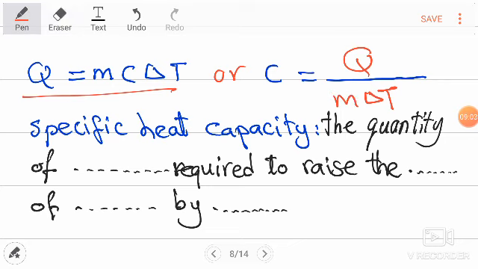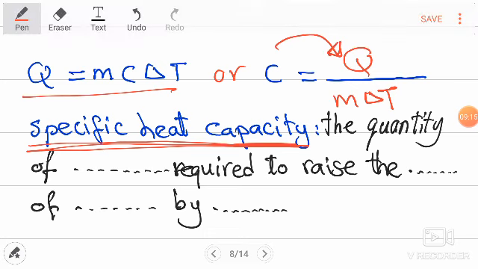So let's define the specific heat capacity. It's the quantity of heat energy required to change the temperature of what amount of material?